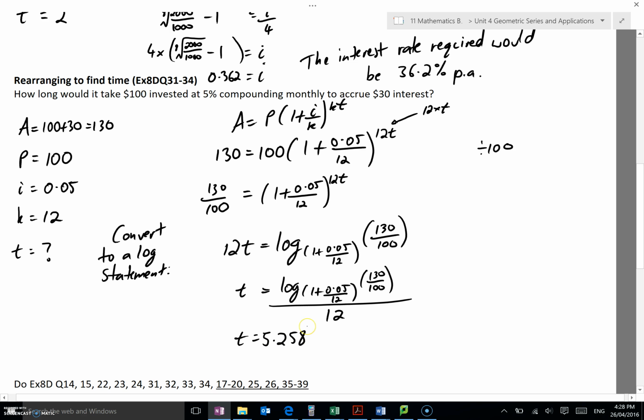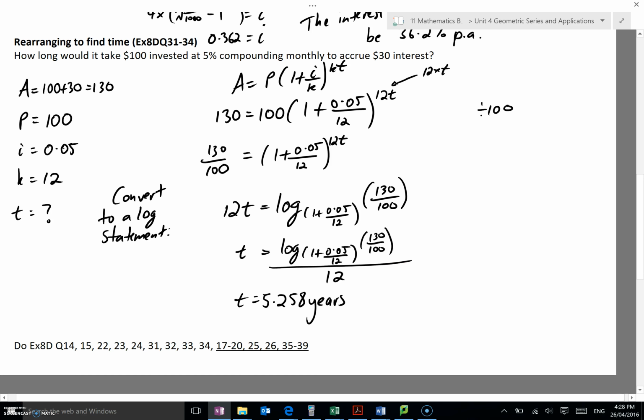5.258, and remember t is the time in years, so I can write directly that it's years. If I want to be even more fancy, I can try and change this into 5 years and some number of months. Okay, I've got 0.258 years.